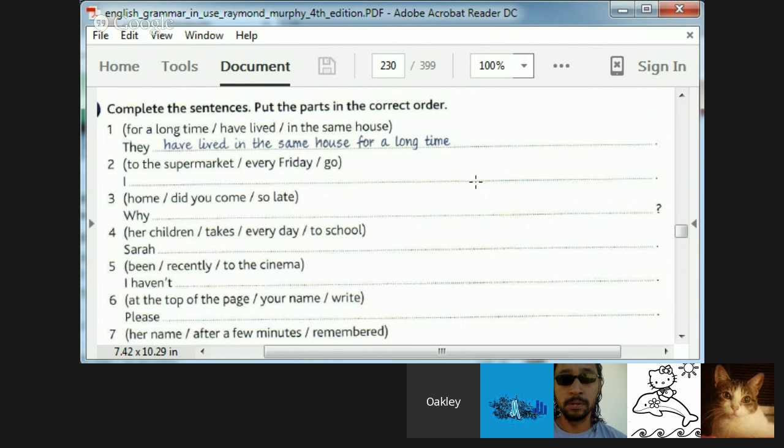Again, we've looked at this before. It's always correct to put it at the end of the sentence. Frequently, it's okay to put it at the beginning, but at the beginning means before the subject noun. So, every Friday I go to the supermarket. That's fine. Not I every Friday go to the supermarket. That's not going to cut it.